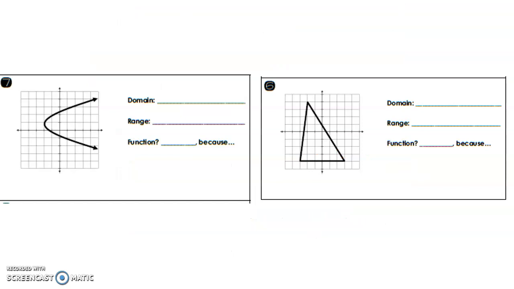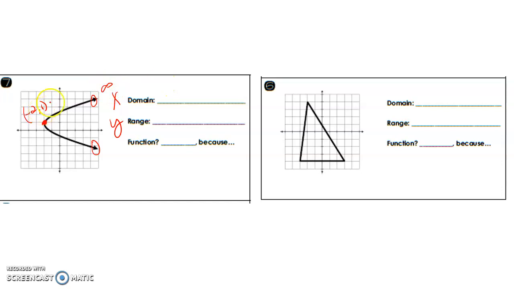Okay, number 7. So again, domain is all my x values, range is all of my y values. My leftmost point is going to be right here. That point's at negative 2, comma 1. And my rightmost point is here, which is the arrow, which we know is positive infinity.